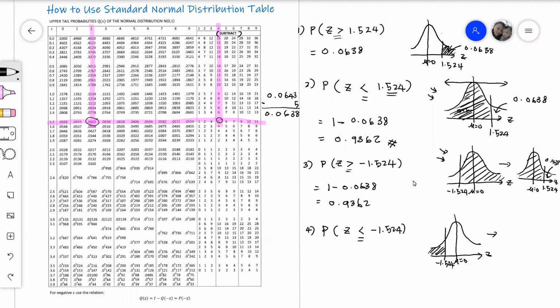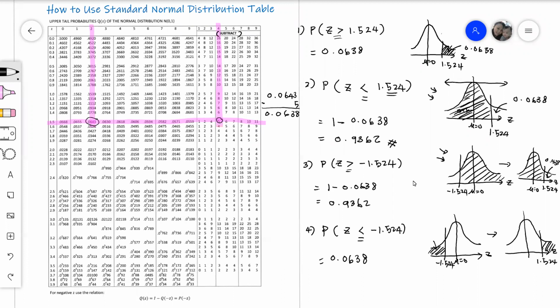If you're fast enough, you know that if I flip it, this is actually the upper right tail. If not, we may need to show the flipping like this. And then for 1.524, we want the upper right tail. Straight away we get the upper right tail value for 1.524, and that is 0.0638.